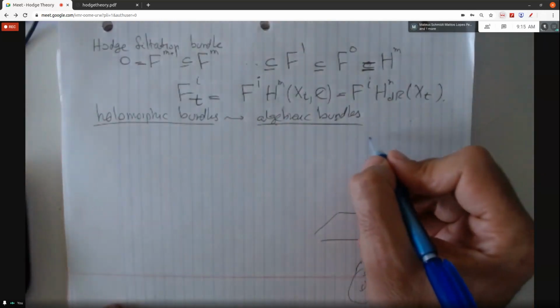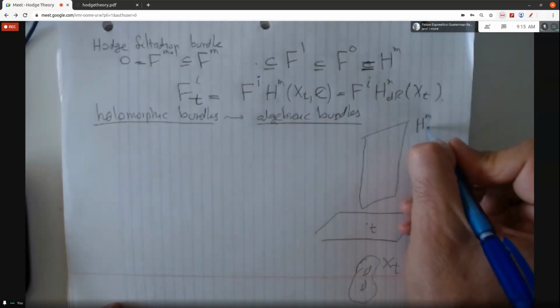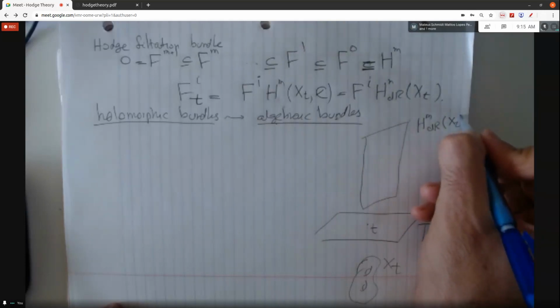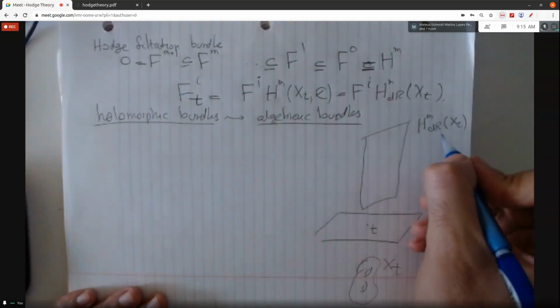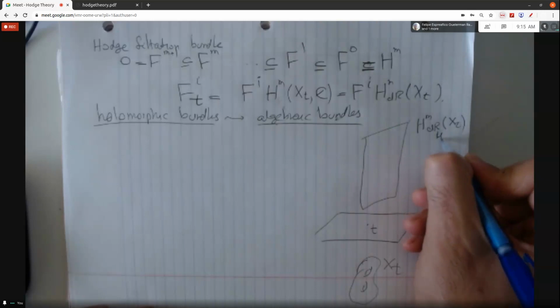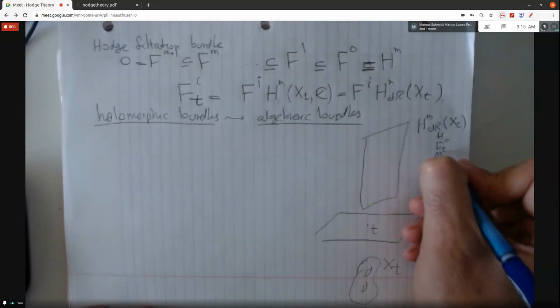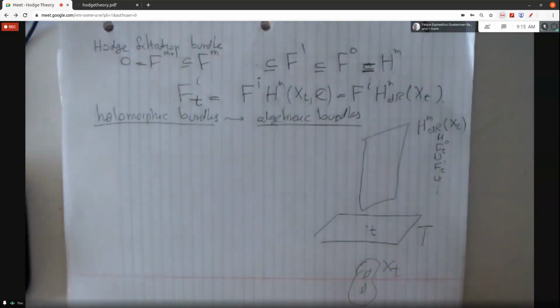You substitute it with its cohomology. Let's use the de Rham cohomology because at the end I will use differential forms. This guy has sub bundles F^0_t, F^1_t, and so on.